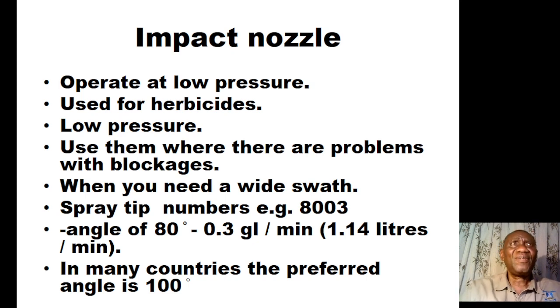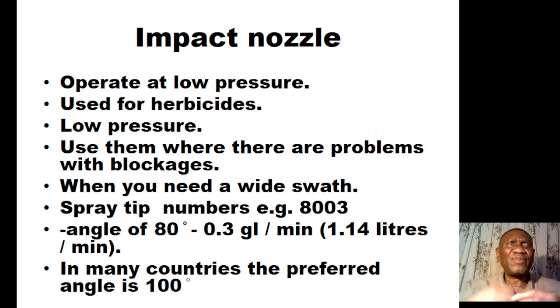Number 2, we have got the impact nozzle. The impact nozzle operates at low pressure. This can be used for herbicides, where there are problems with the blockages.